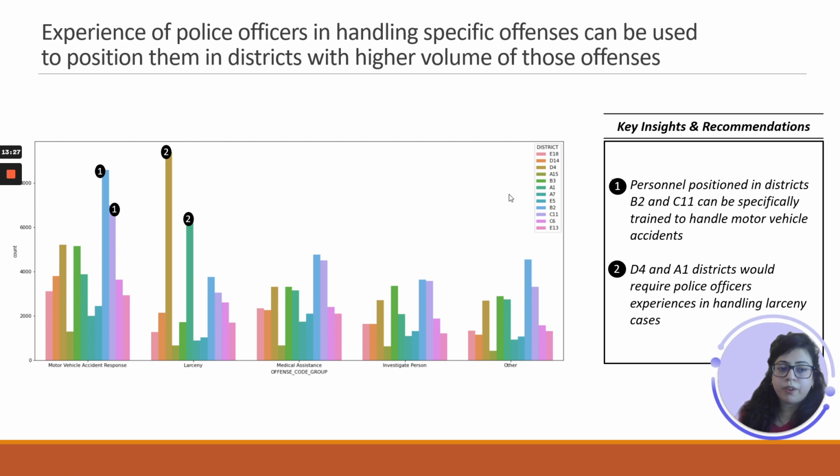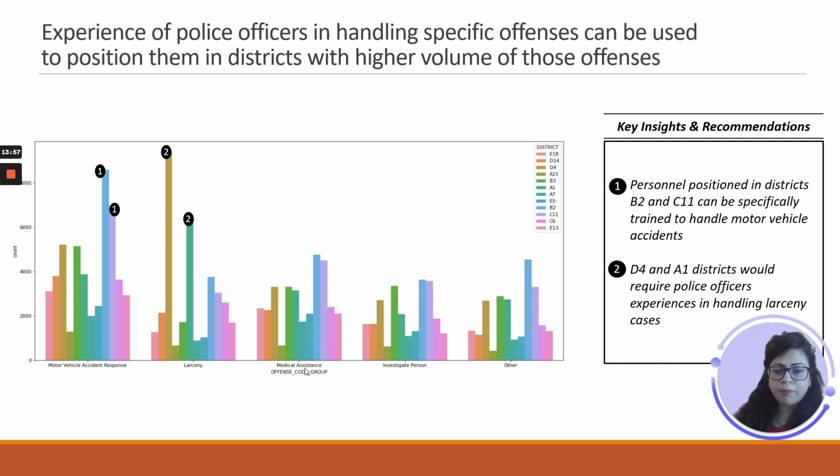So here I wanted to understand the personnel positioning in districts B2 and C11. These are the colors basically of each and every district. B2 and C11 can be specifically trained to handle motor vehicle accidents, because if you see here, motor vehicle accidents happen a lot in these districts, and larceny happens a lot in these districts.